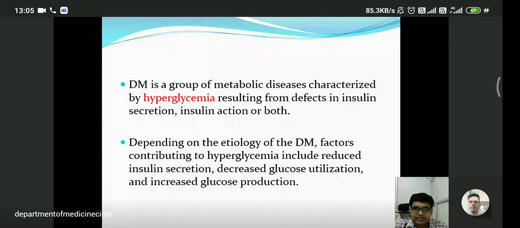If there is a defect in this secretion, it will lead to hyperglycemia, which will lead to the disease diabetes mellitus. Depending upon the etiology, the factors contributing to hyperglycemia include reduced insulin secretion, decreased glucose utilization, and increased glucose production. Either of these.